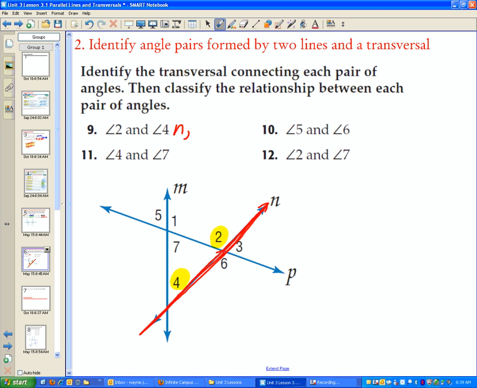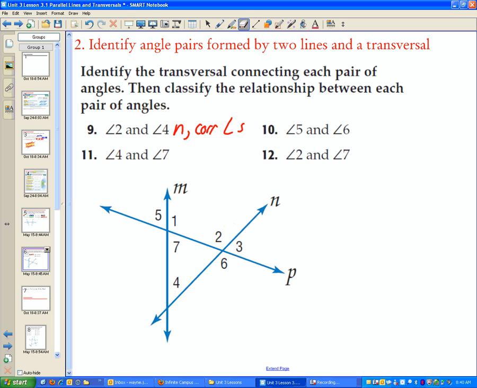It's kind of getting hard to describe now that there's this figure, but they're corresponding because they're both to the left side of the transversal, and then they're both on the same side of line P and line M. So they are corresponding angles. You with me on that? You see how to go about it? You see how, too, they can make any figure a little bit more difficult to identify the parts just by the way they draw the figure?